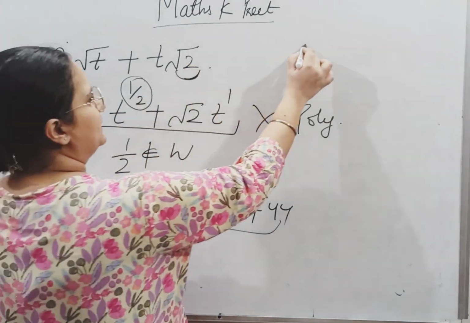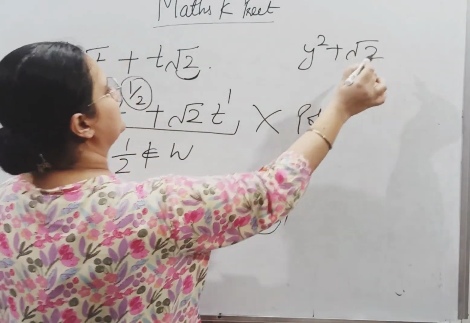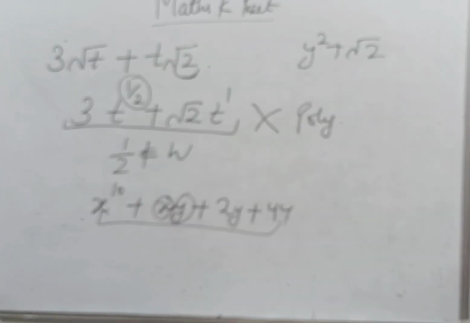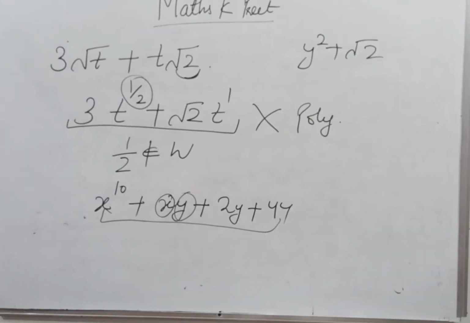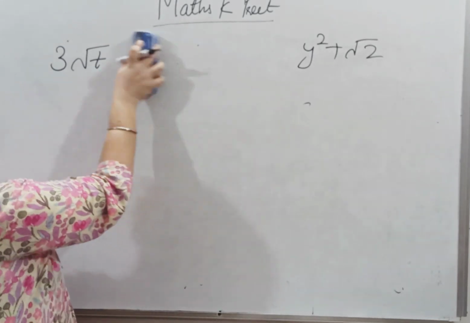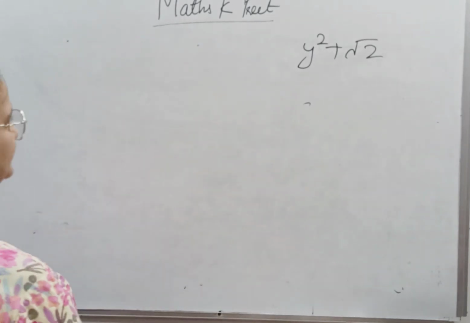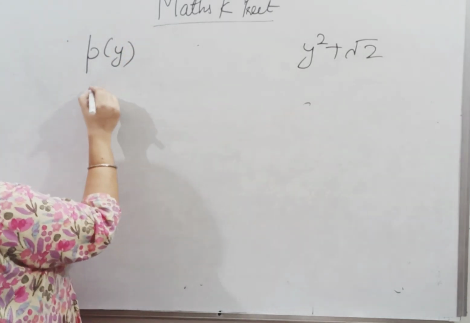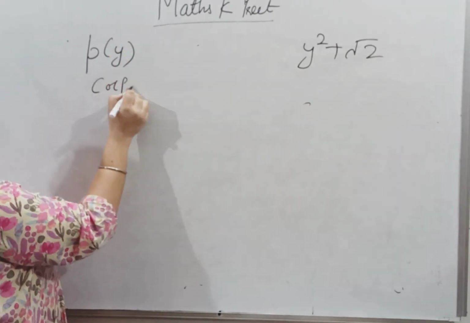Let's see another example. y square plus root 2. We will check whether this is a polynomial or not. Yes, this is a polynomial. Let me write here y square plus root 2. Let's check all the things we have studied. Yes, this is a polynomial in variable y. So let's write the coefficients.